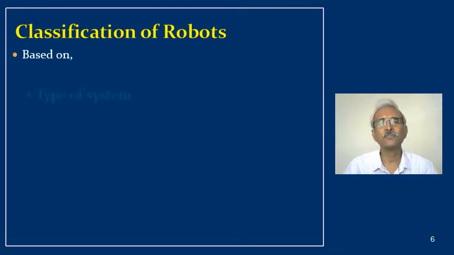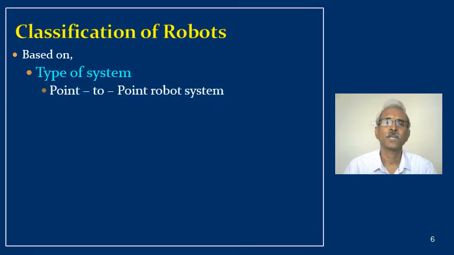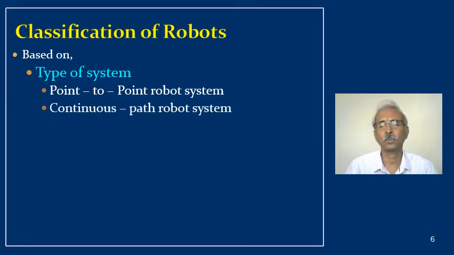The first classification is based on the type of system, how actually the robot works or functions, in which we have a point-to-point robot system, and then we have a continuous path robot system. Of course, in the subsequent slides we will see all these in detail.